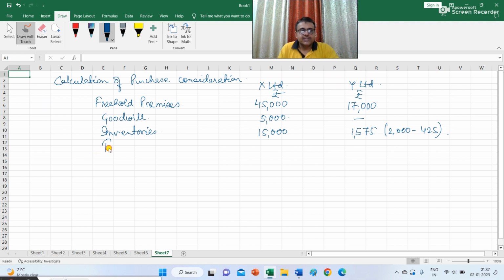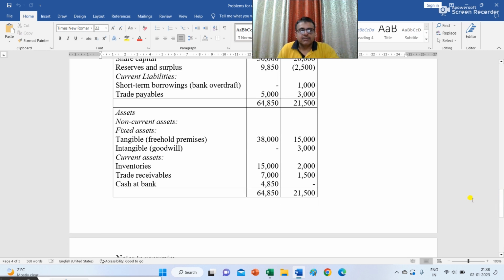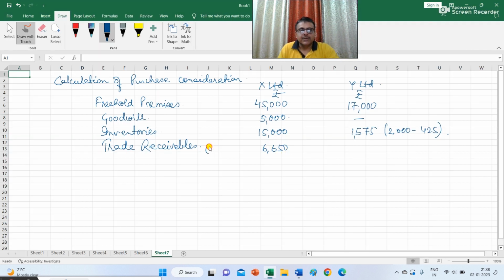Next is the trade receivables. You have to make a provision of 5% in both the companies. So after provision of 5%, you will get a figure of 6,650. In the question you can see that trade receivable was 7,000. So 7,000 into 95%, you will get 6,650, in case of X Limited.